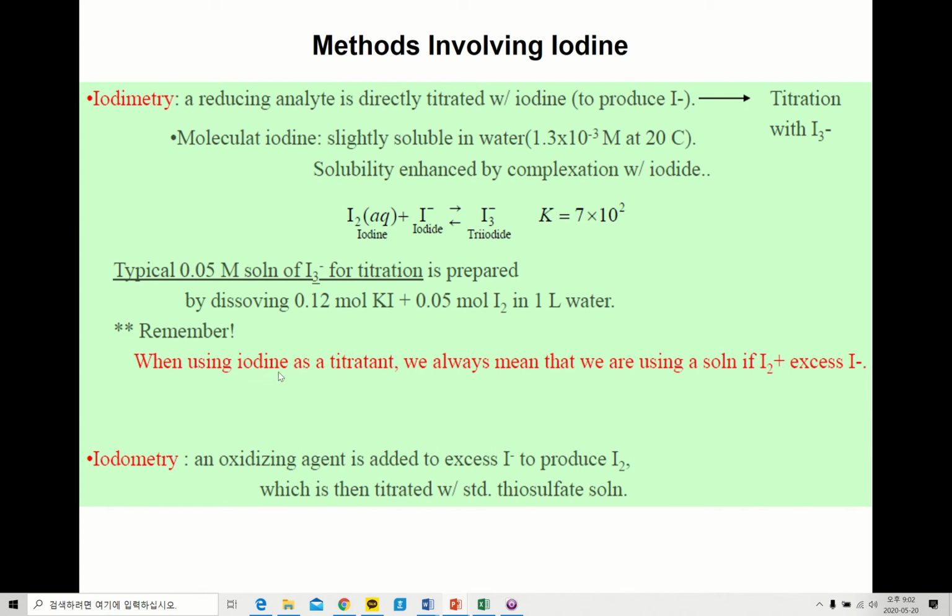But remember, when using iodine as a titrant, we always mean that we are using a solution of iodine plus excess iodide.